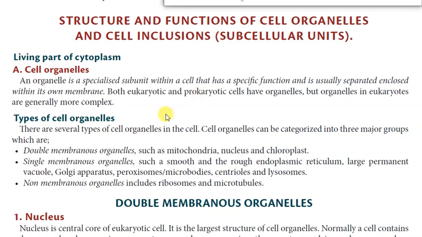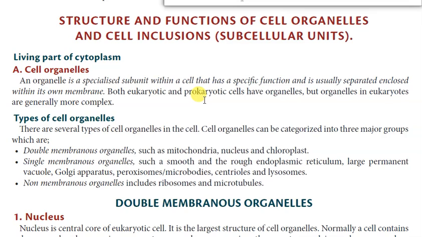Baadaye tuje tusome kozi mbalimbali ambazo ziko kwenye binadamu au wanyama au plants, unaona. Ndo maana tutakuwa tunadiscuss sana eukaryotic kuliko prokaryotic.